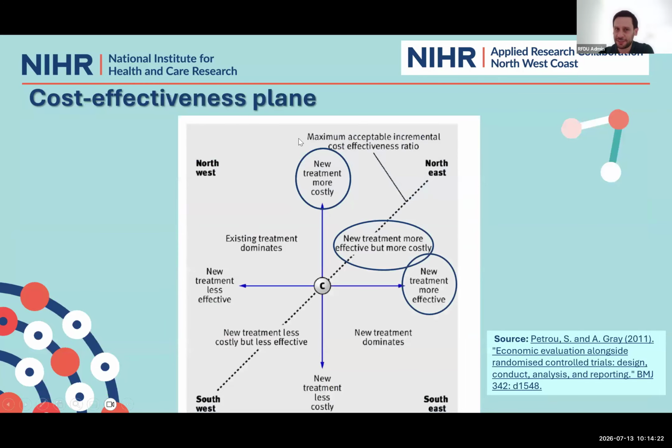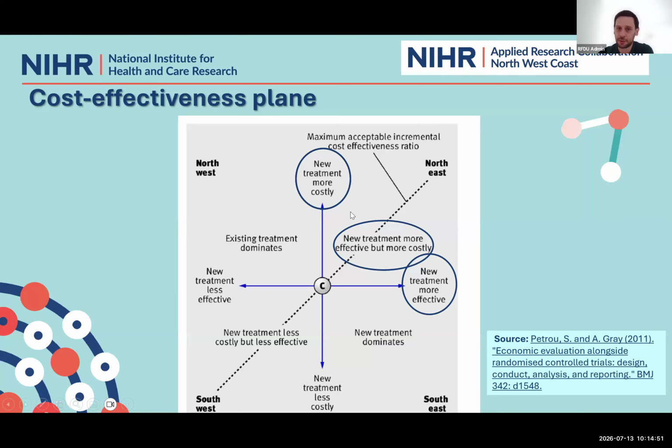Now, if we're looking at a cost effectiveness plane, which is something we presented in previous sessions, we are in this quadrant where the new treatment is more effective. We saw that the new treatment is going to produce more QALYs, more life years. However you want to measure effectiveness, the new treatment seems to be more effective than the existing treatment or standard of care, but at the same time it's more costly.